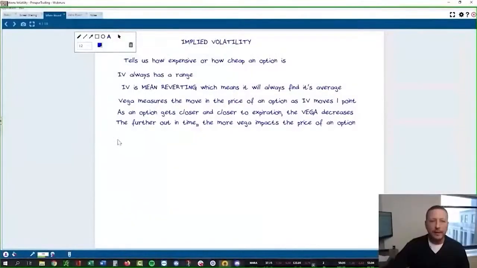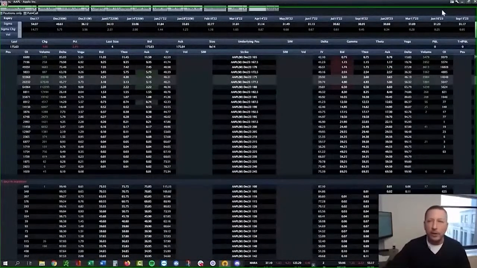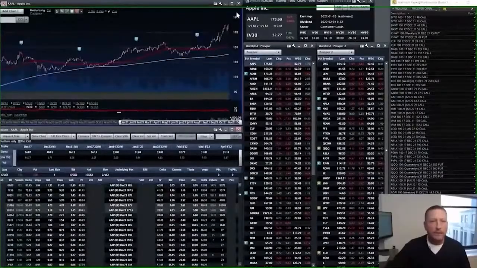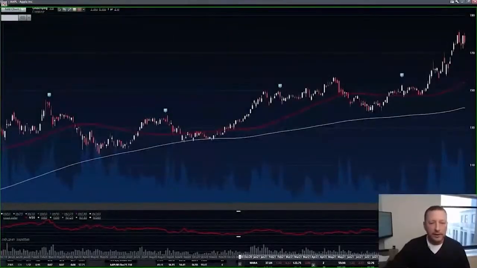So we've talked about Vega. Implied volatility is measured in percentage terms. Now, 40%, you may not know what that means. I don't know if that's high, low, or somewhere in the middle. Well, that's why we use our implied volatility historical chart.